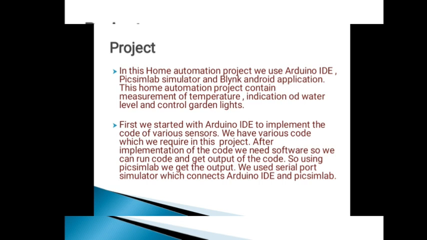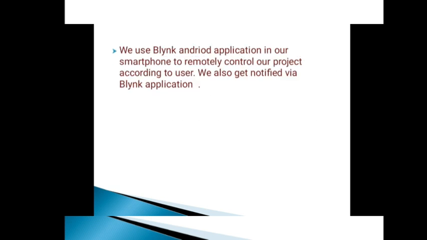So using PICSimLab we get the output. We used the serial port emulator which connects Arduino IDE and PICSimLab. I explained the serial port emulator, because it stores the data. Comes to the next.